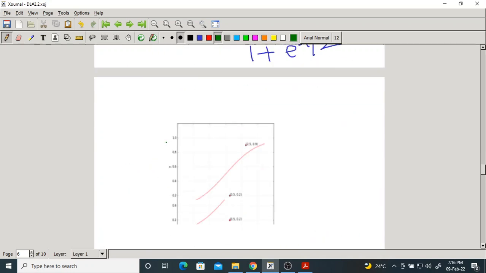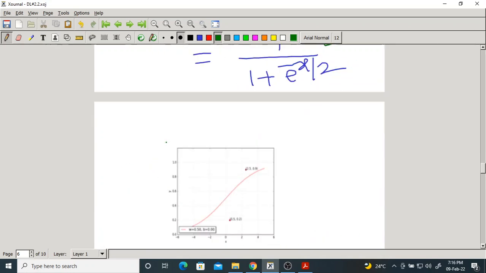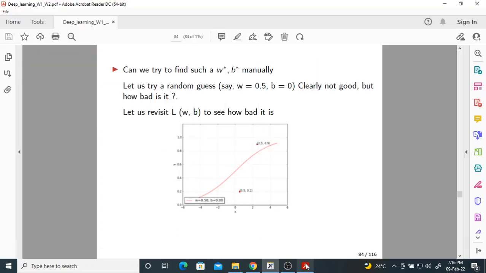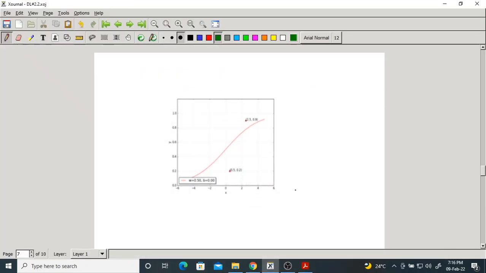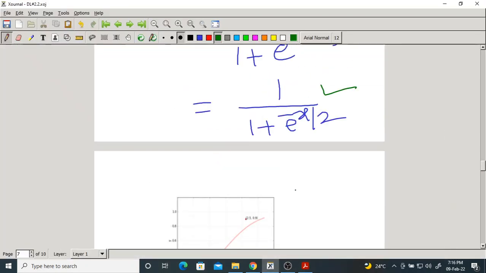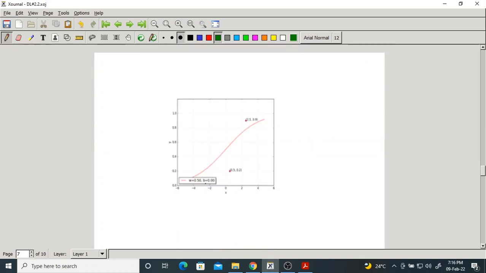Now, if you draw this function, 1 by 1 plus e power minus x by 2, it looks something like this. Obviously these 2 points are not lying on the sigmoid function. This is a bad guess.